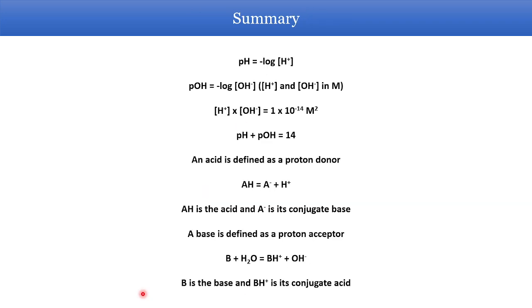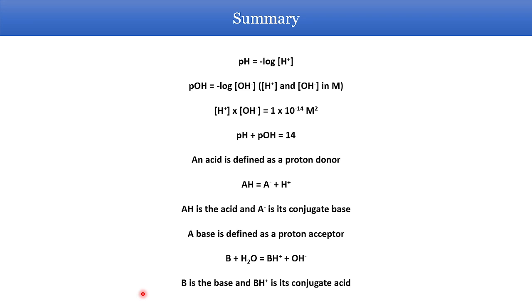So in summary, what we got to know is that pH is the negative logarithm of the hydronium ions, and pOH is minus log of hydroxide ions, where H plus and OH minus are in molarity, and your hydronium ions and the hydroxide ions multiplied gives you 10 to the power minus 14 molar square. The summation of pH and pOH is equal to 14.